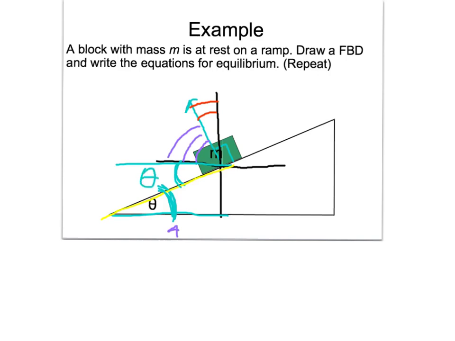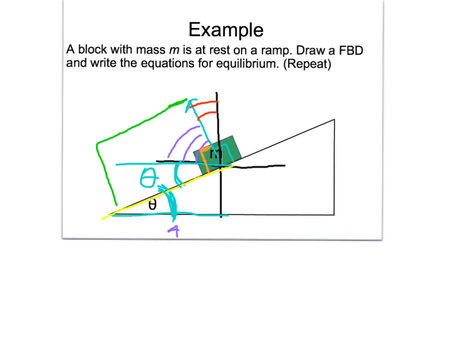What I'm going to notice next is that if my normal force makes a right angle with the surface, that right angle is 90 degrees. And so this entire part from here to here is one big right angle.